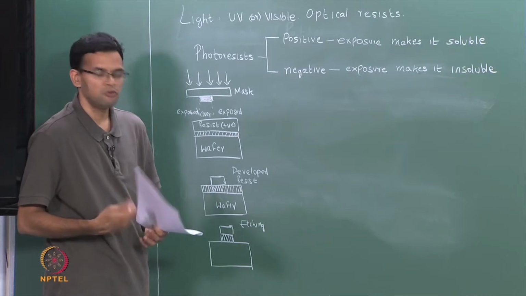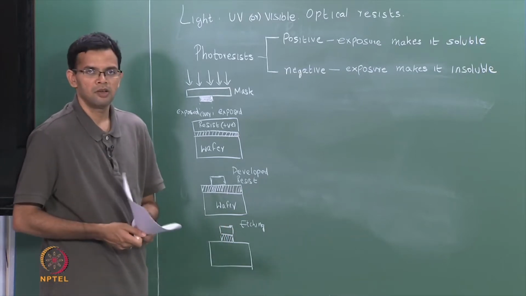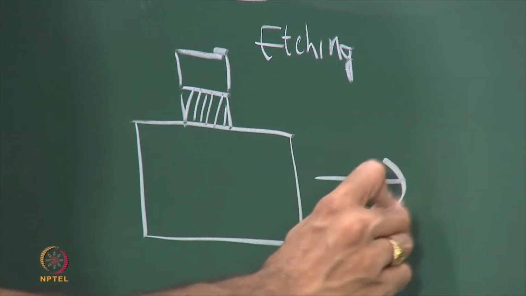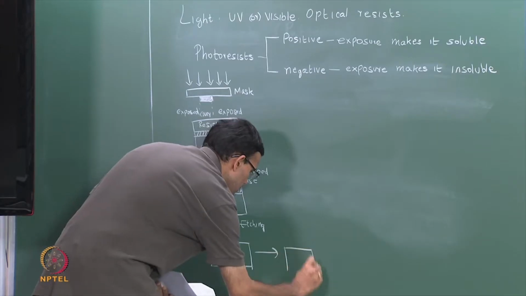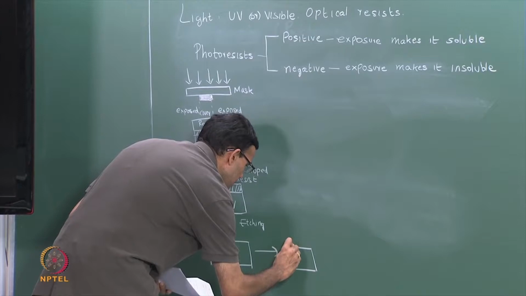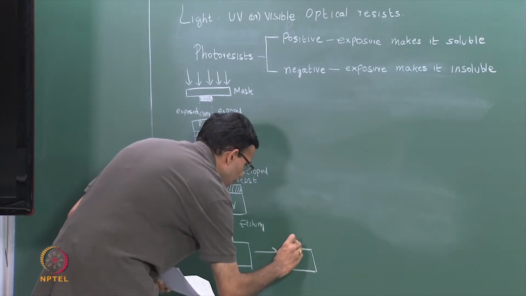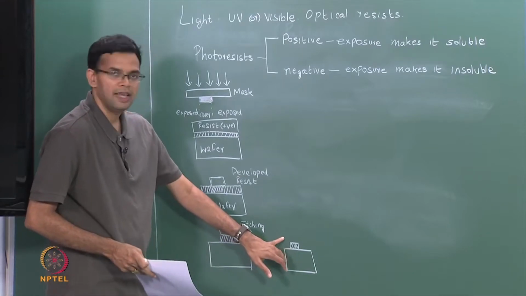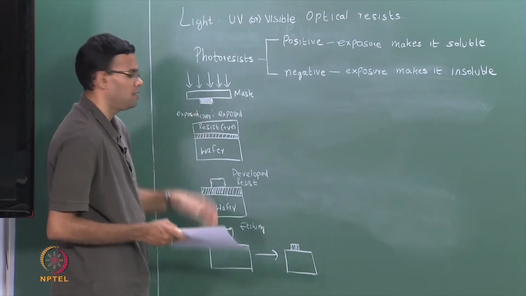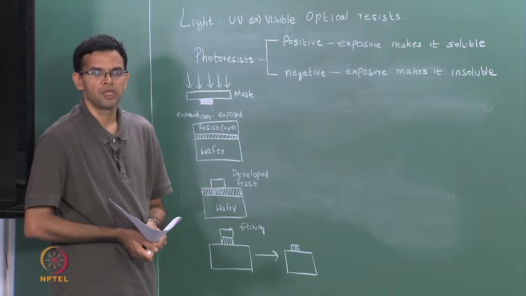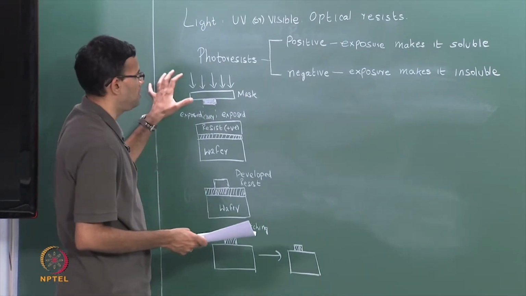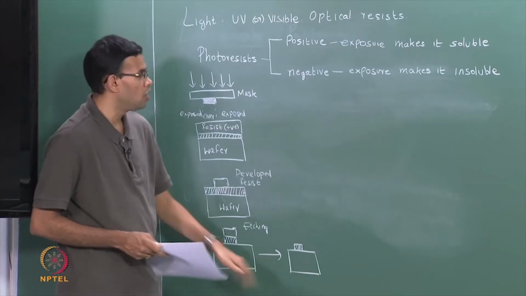We could now remove the remaining resist by again using some sort of solvent, so that you are left with the wafer and the oxide layer. So, the pattern of the oxide layer is the same pattern that is present in the mask. So, a positive photoresist will transfer the pattern directly from the mask onto the wafer.